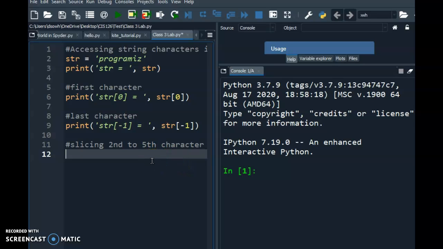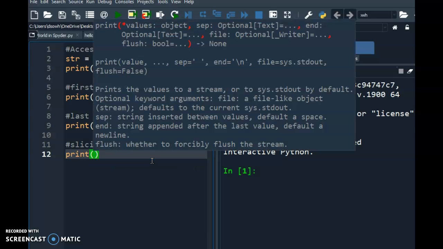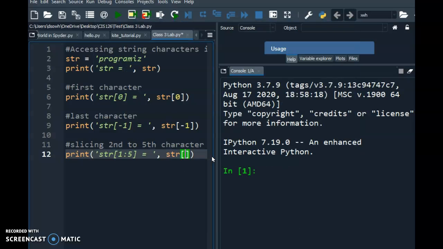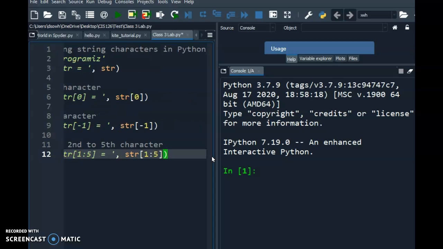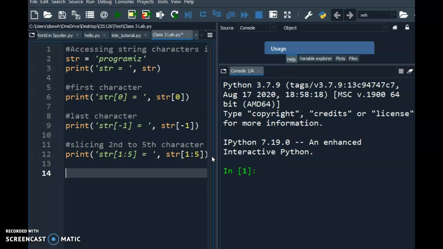Okay. Yeah, that too. And the comma. Yeah.